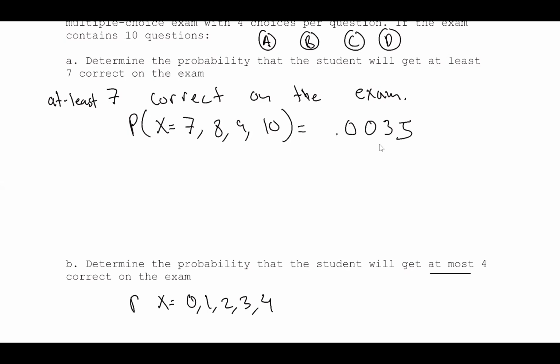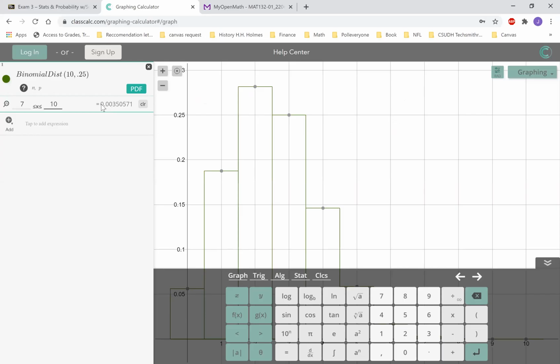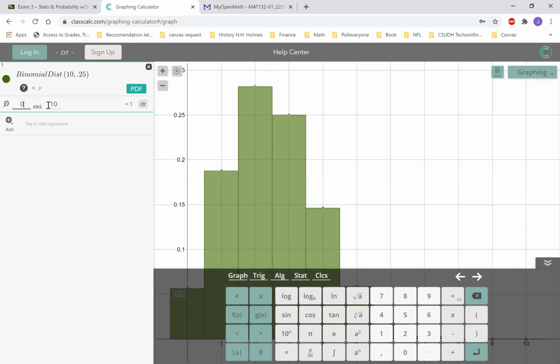So now we're going to find the probability of this. We're going to go back to ClassCalc. But any questions on how I got x equal to 0 all the way through 4? Right, so let's go to ClassCalc. In ClassCalc, we're going to change the lower bound. The lower bound will be 0, and the upper bound will be 4.